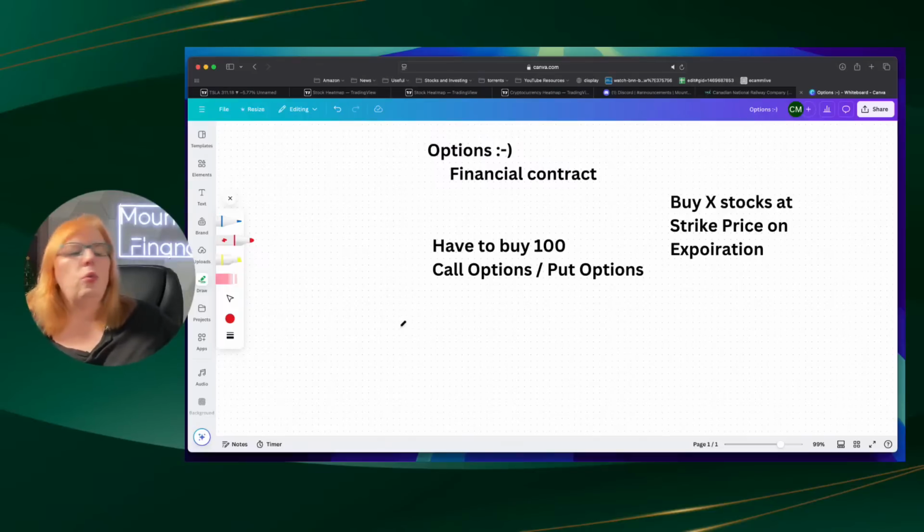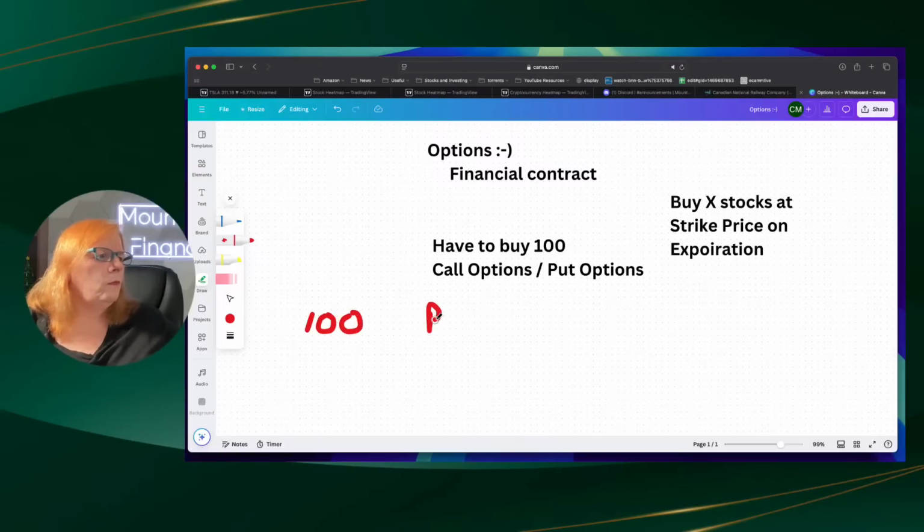Let's use some numbers. You have to buy 100. We're going to say Banana Co., BC for Banana Co., and it's priced at, conveniently, $10.